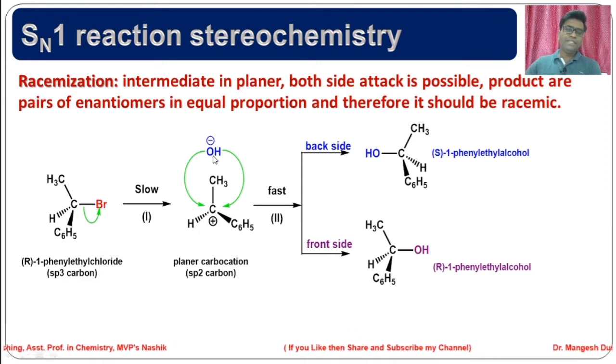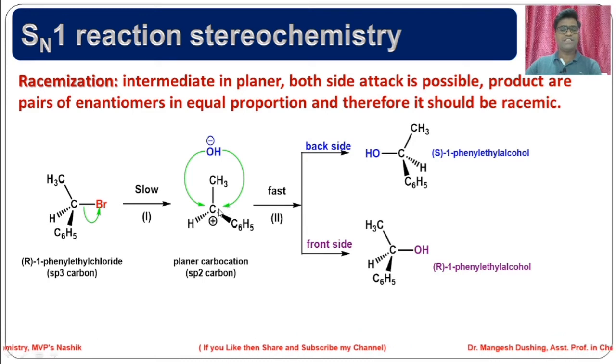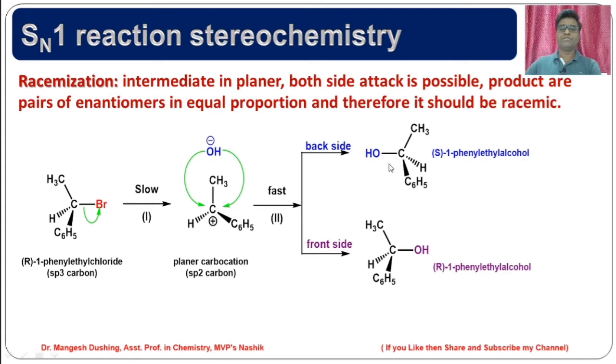Now nucleophilic attack is a fast process. So in this case, as the geometry is planar, attack of the nucleophile is possible from both sides. Front side, from the side of the leaving group, or back side of the leaving group. So both side attack is possible. If backside attack is there, then we will get this S-1-phenyl ethyl alcohol, that is inversion of configuration.